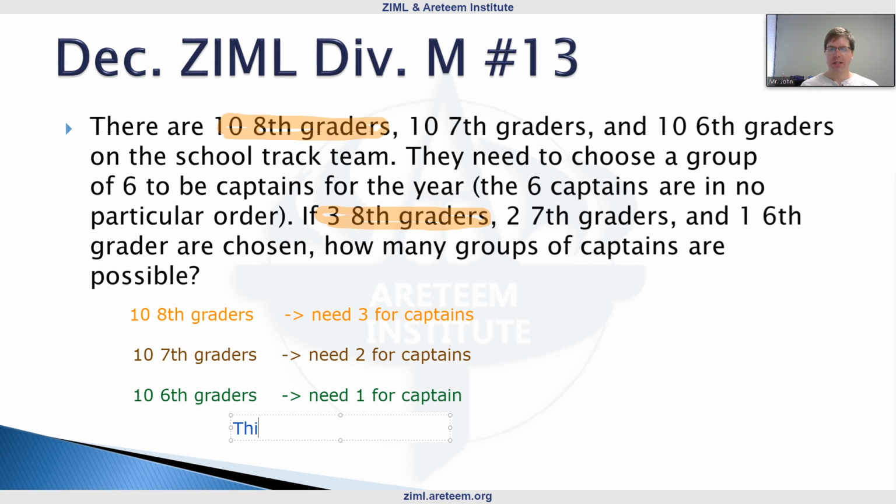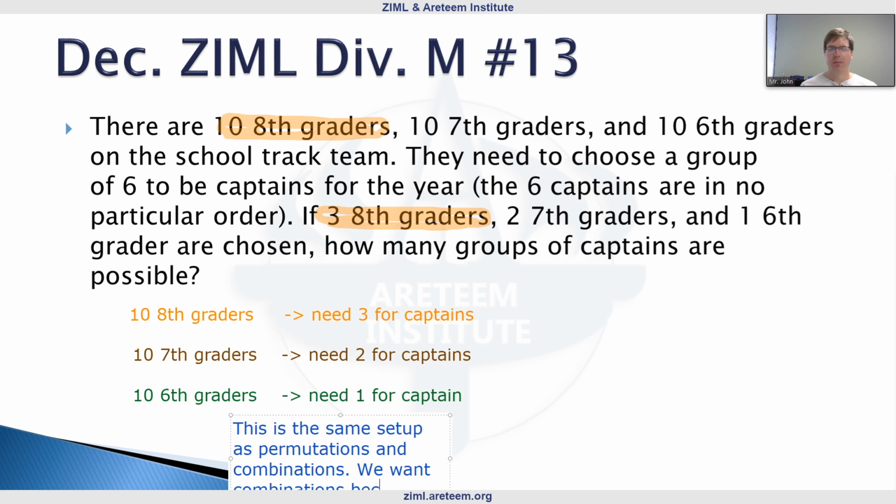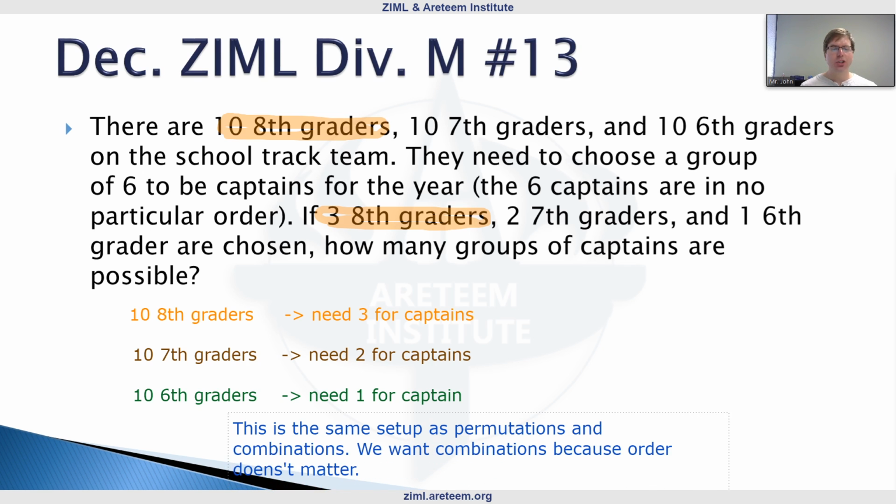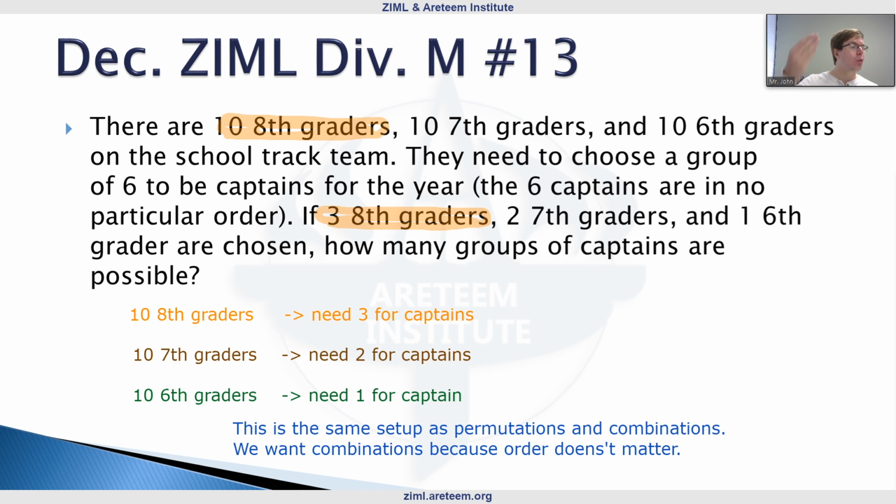So this is the same setup as permutations and combinations. We want combinations, right? Because order doesn't matter. How do you know the order doesn't matter? Well, here actually the problem tells you that the order doesn't matter. But in general, if you're picking a group, order doesn't matter much that way as well, right?